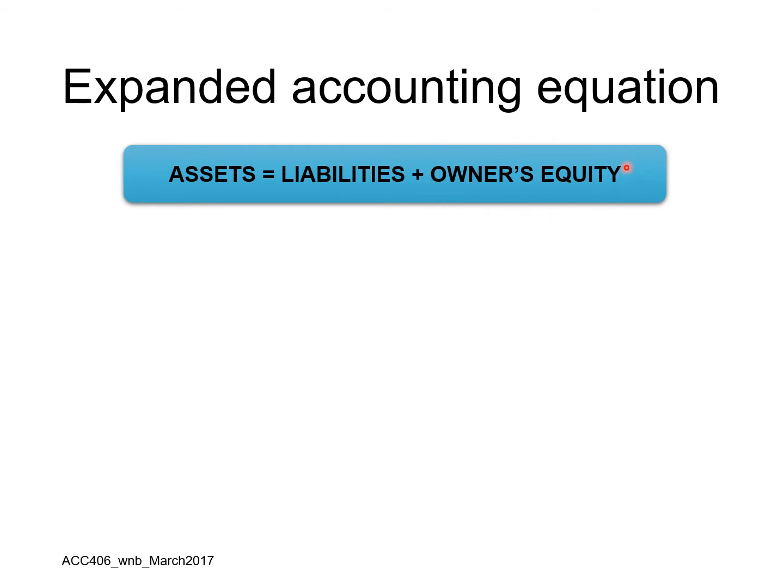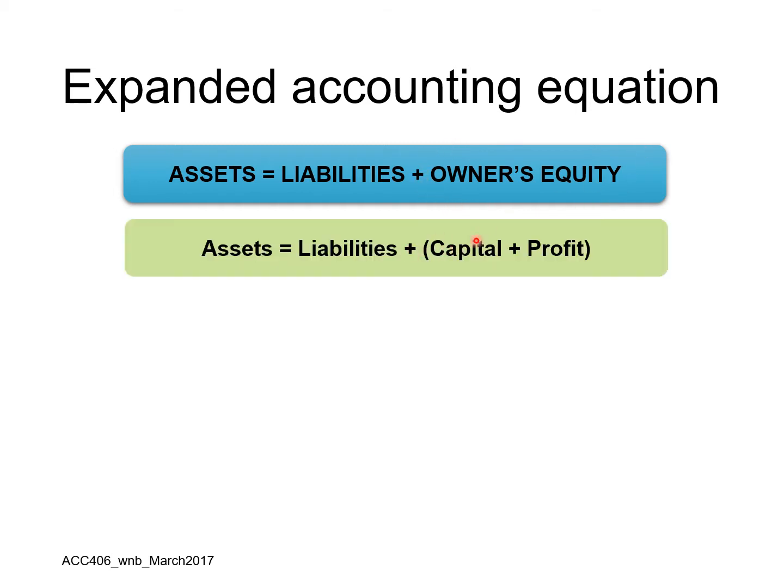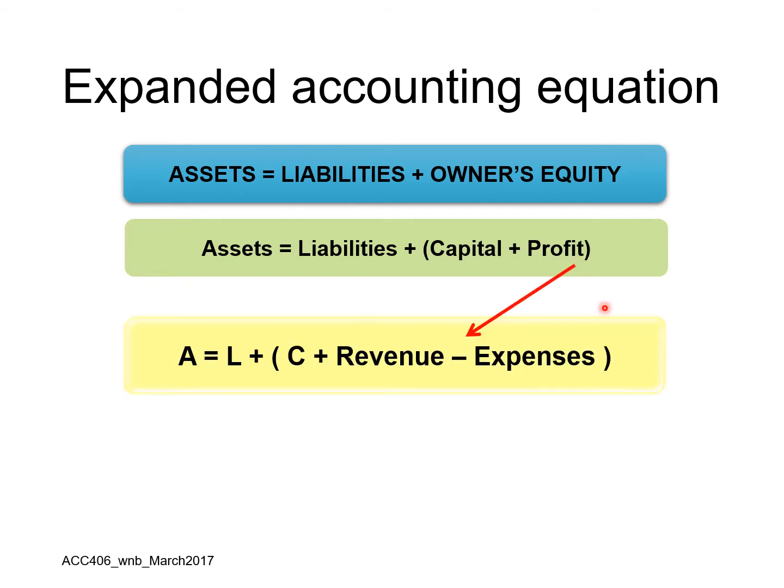Sebab kita tahu dalam owner's equity ni ada capital campur dengan profit. Okay, capital campur dengan profit. And then, macam mana kita nak dapat profit? Profit adalah revenue tolak expenses. Pendapatan ataupun hasil tolak dengan belanja ataupun expenses.